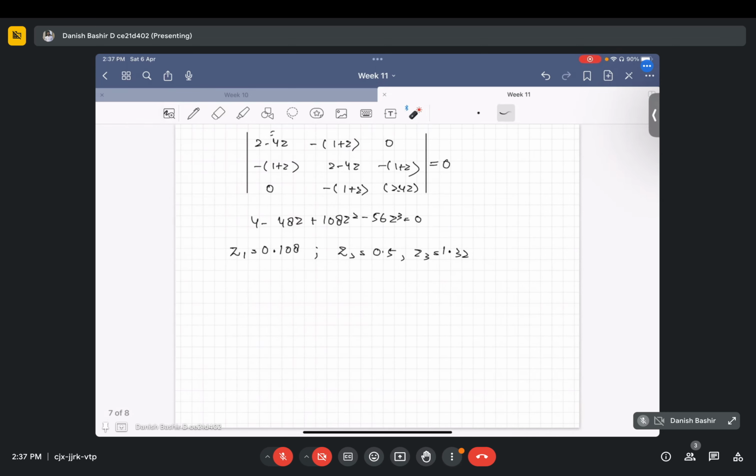So I will write here for you: the lowest root corresponds to the first buckling mode for the column.